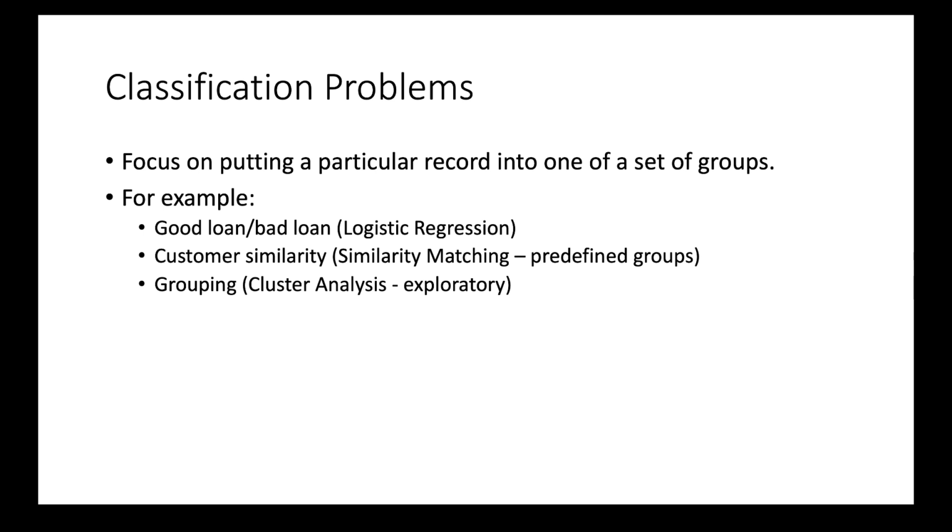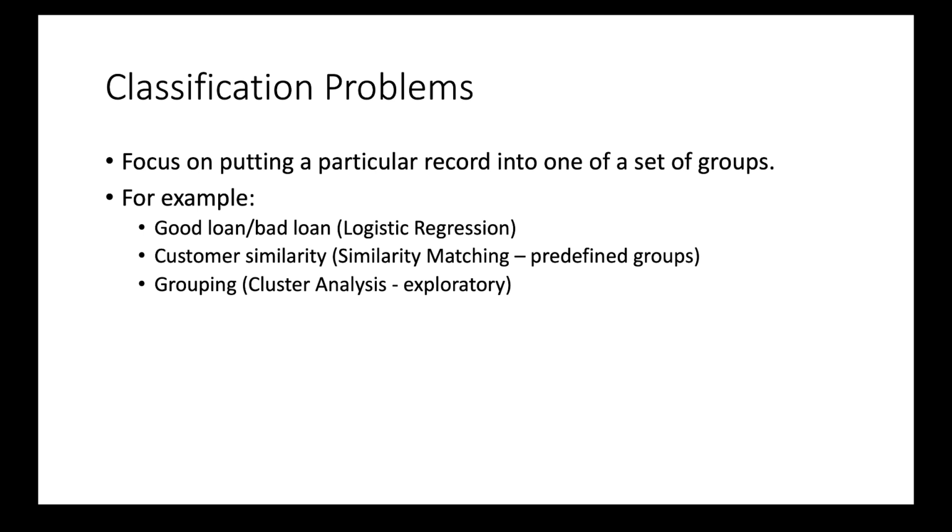Customer similarity. So you've got some predefined groups. I've got my good customers. I've got my bad customers. I've got my medium customers. And when I get a new customer in, which group is that customer probably going to fit into? And so in that case, you have kind of these predefined groups.